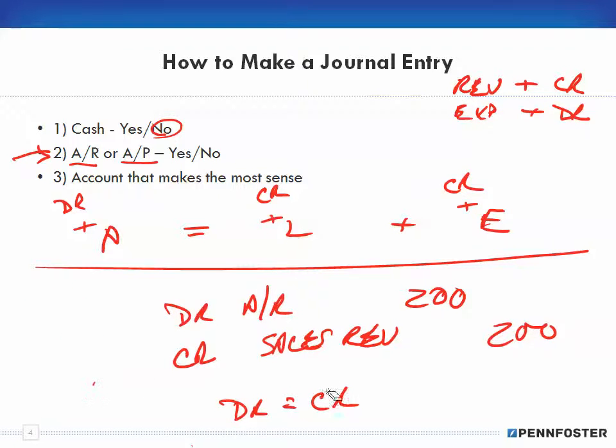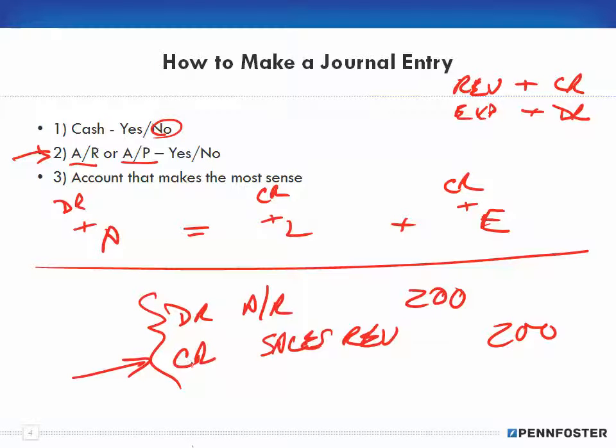See how I just back into it? I don't have to think about whether sales revenue is a debit or a credit. I automatically back into that credit. Depending upon the way the transaction is worded, you may determine that you should be using the sales revenue account, but you may not be sure if you should debit it or credit it.